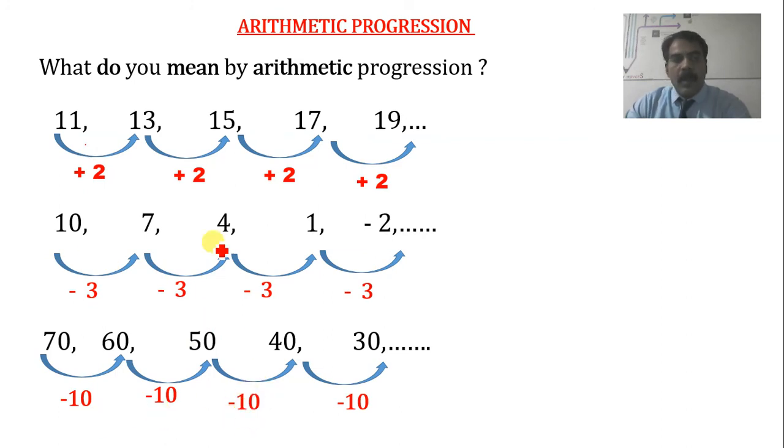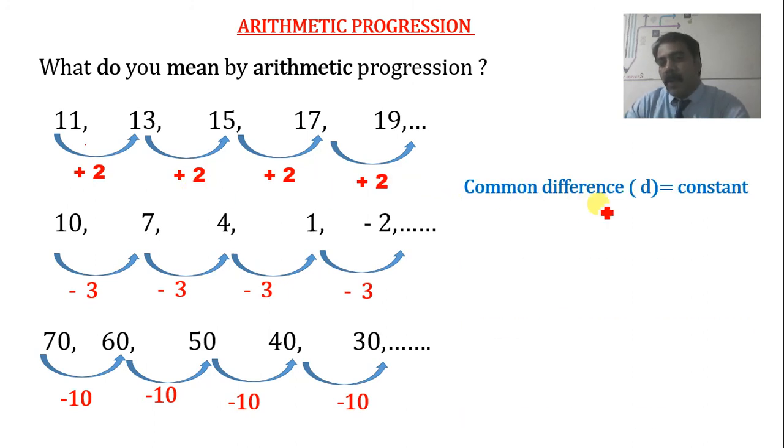So students, what we have realized here is that when the common difference between the successive numbers in a sequence is constant, then we say that the given sequence is in arithmetic progression. Here the common difference is represented by d.